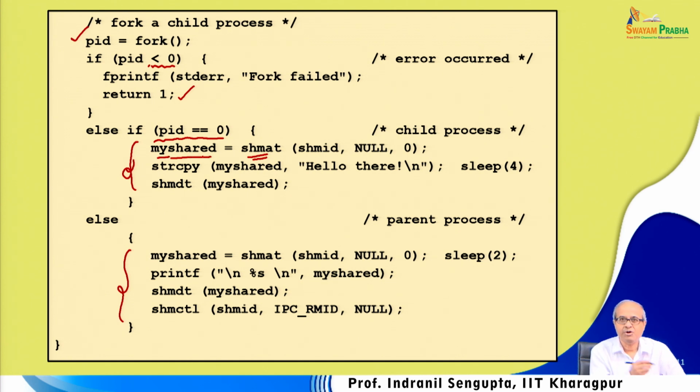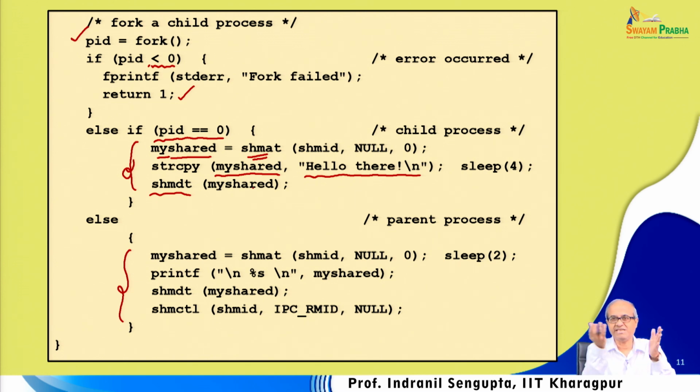We are copying a character string, hello there, to this shared memory area, and in the parent process, the parent will be reading that value. After it is done, you detach this from the child process.